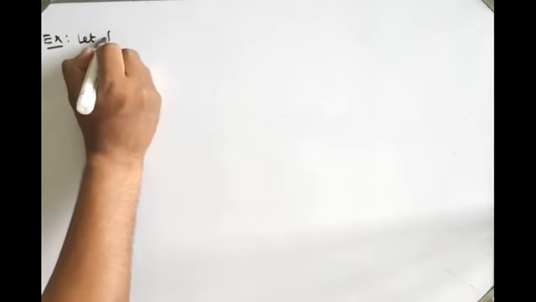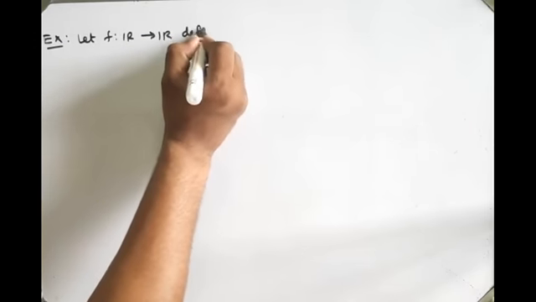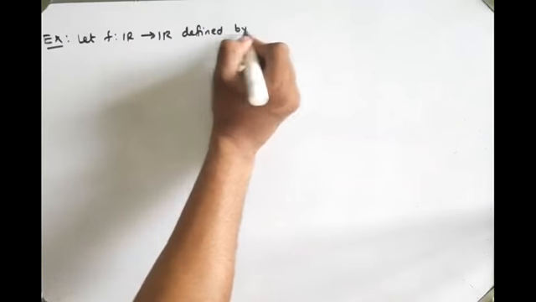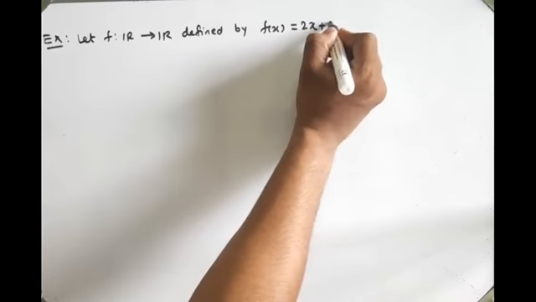Next example is: let f be a function from R to R defined by f of x equal to twice x plus 1.